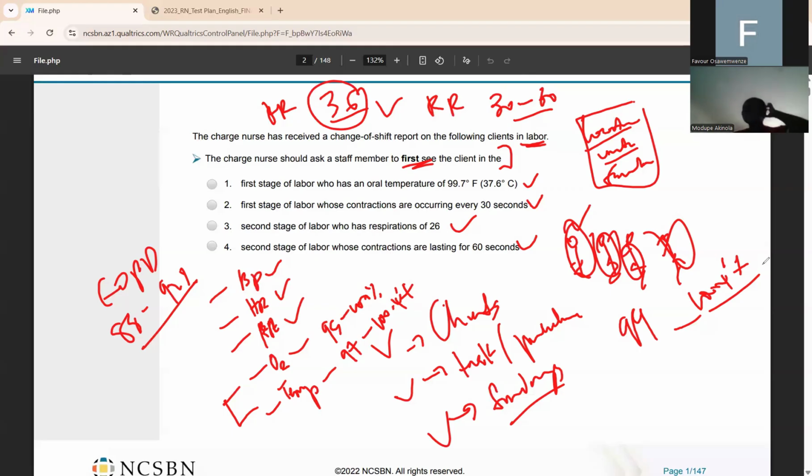To prevent it from transmitting to the baby, the newborn as well. Yeah, one of the things is that during delivery, if there's infection, it can cause blindness. After delivery, we have medications that we give to the baby. Mention them.